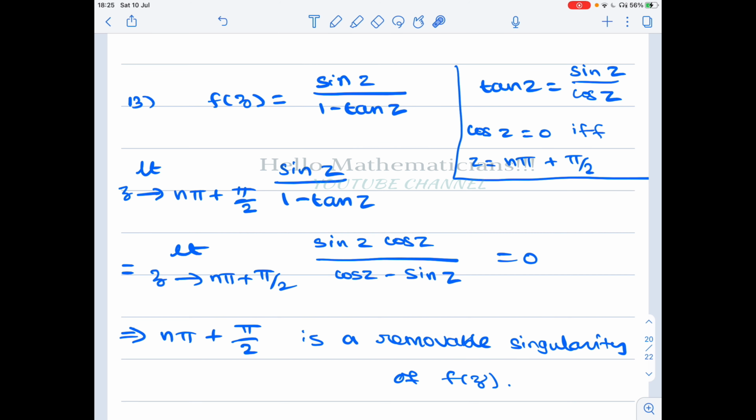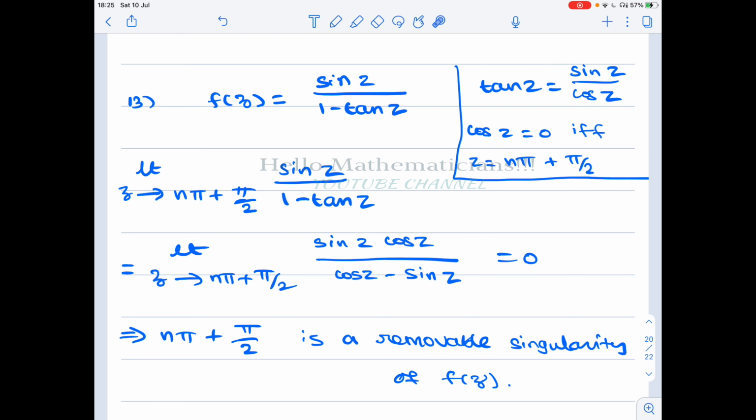Then whenever tan z equal to 1, at that point also the denominator becomes 0, so that is a different set of singularities. Now first we deal with the singularities at which the function is not defined, I mean those at which cos z vanishes.